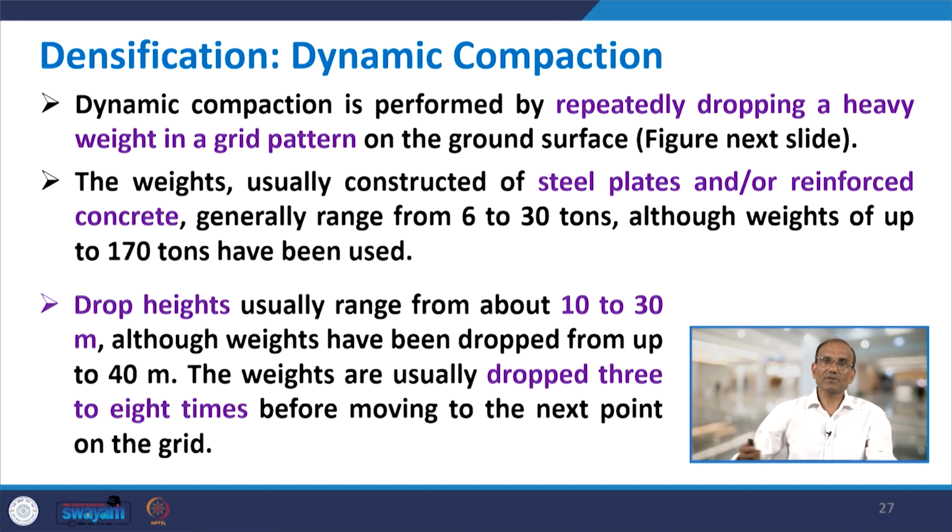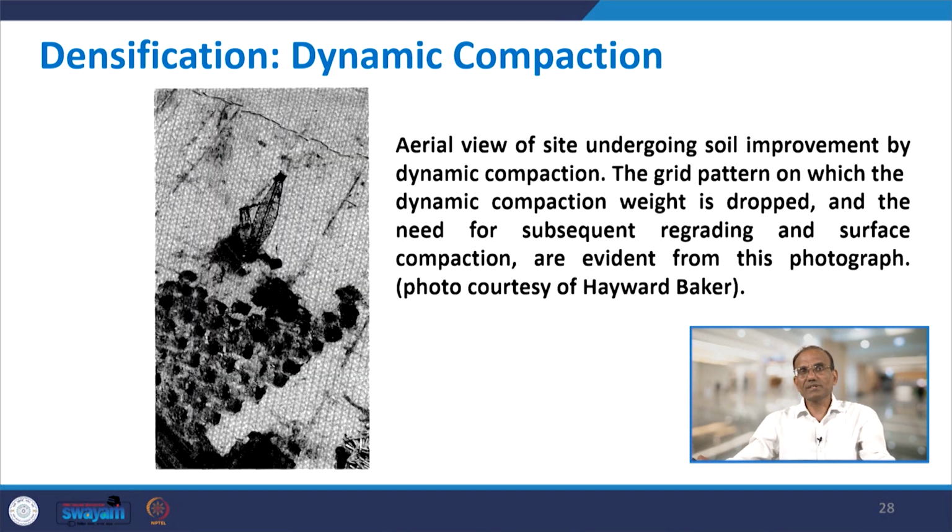So, the weight will be dropped many times before you go to the next grid point. Here, in dynamic compaction, you have the grid pattern. This is an aerial view of a site undergoing soil improvement by dynamic compaction, showing the grid pattern on which the weight is dropped. You prepare a grid pattern and one by one you drop the weight, and this weight will densify that part.